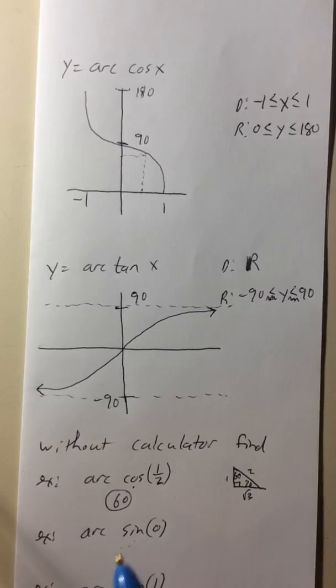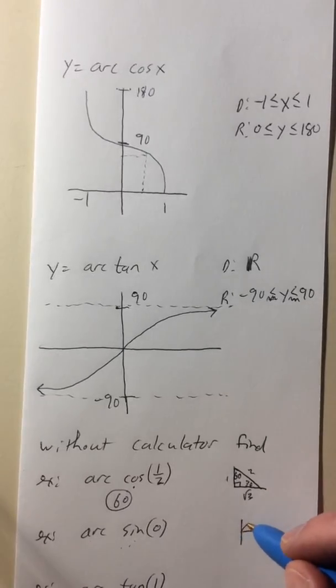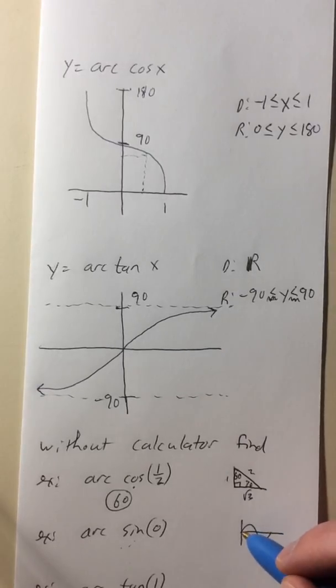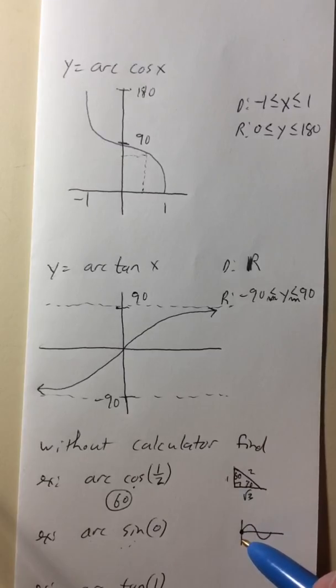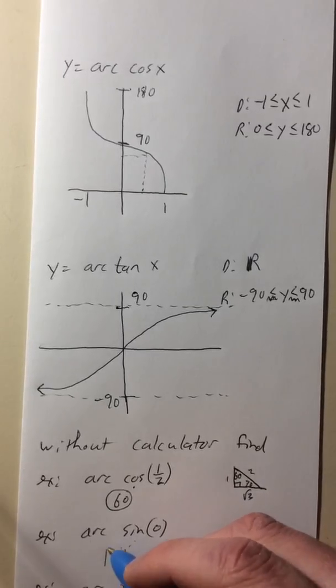the sine of what angle has a value of 0? Well, of course, we remember the sine curve graph from way back in the day. So there we are right there. So the angle is 0 when the sine is 0. So 0 degrees.